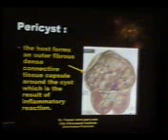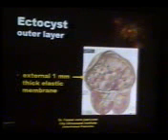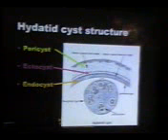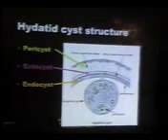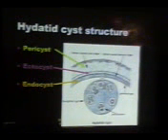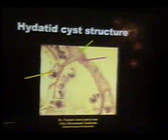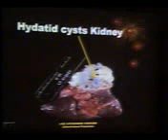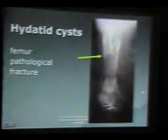The cyst contains a pericyst, and ectocyst and endocyst. The daughter cyst, and the wall is thick and has got multiple layers. The microscopic picture, pathological specimens, renal hydrated of the bone, causing fracture of brain.